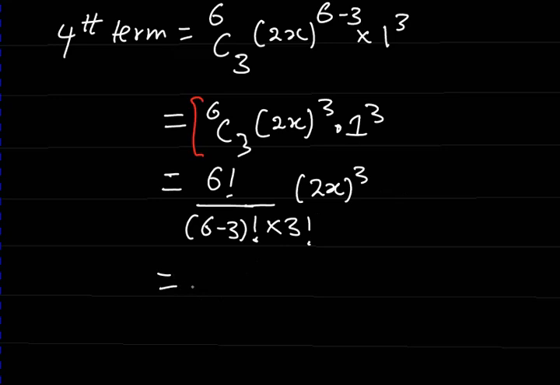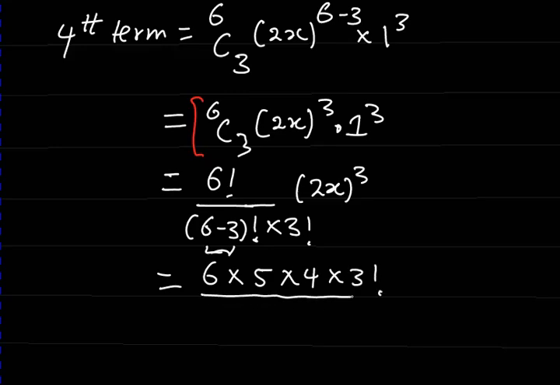Let's see what we have here. This is 6 factorial, which is going to be 6 times 5 times 4. I'm going to stop at 3 factorial, because 6 minus 3 factorial gives 3 factorial, so the 3 factorial at the denominator will definitely cancel out. This is going to be times 2 raised to the power 3, which is 8, then x raised to the power of 3.